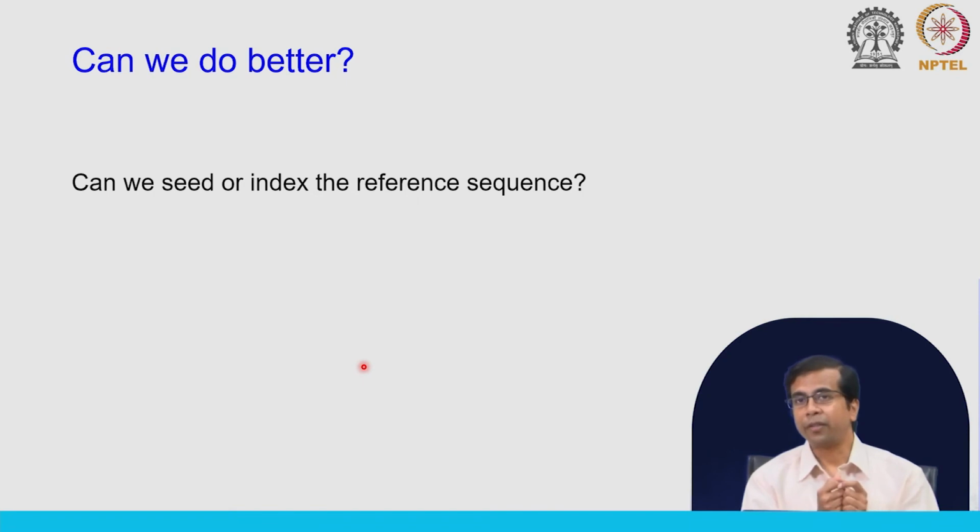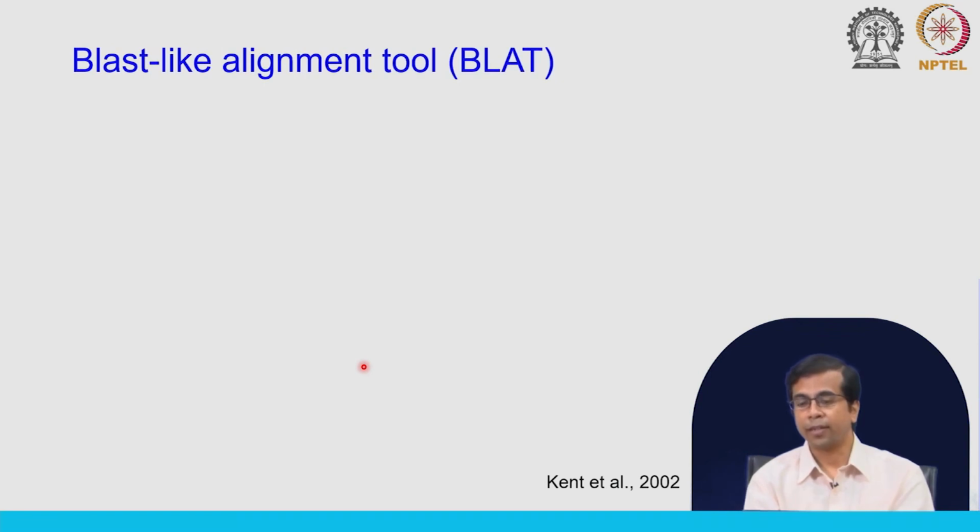But if we do the opposite, creating seeds from the reference sequence and searching against the read sequence, this will be faster because the read sequence is smaller in length. We may have to search more seeds, but the comparison for each seed is much faster. There is a tool that does this. It is called BLAST-like alignment tool, or BLAT.